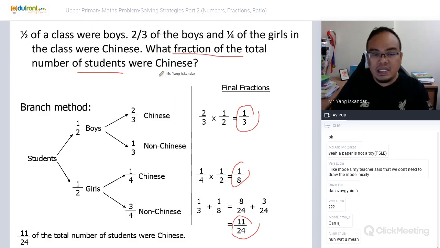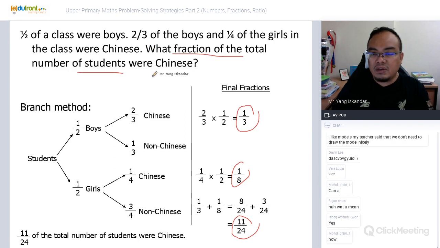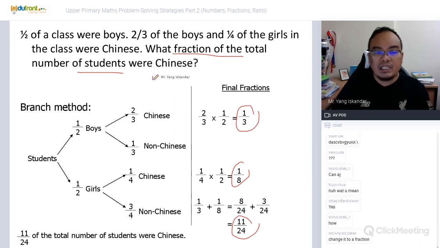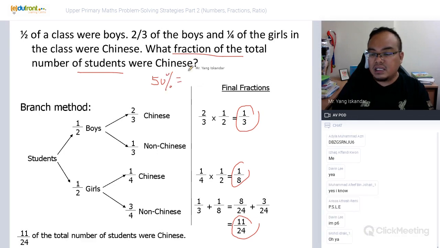Those of you in the P6 class should know how to convert percentage into fraction by now. For example, 50%, do you know what is 50% in fraction? It's half, because it's 50 over 100. Very good.